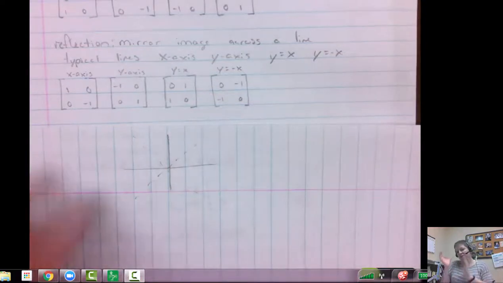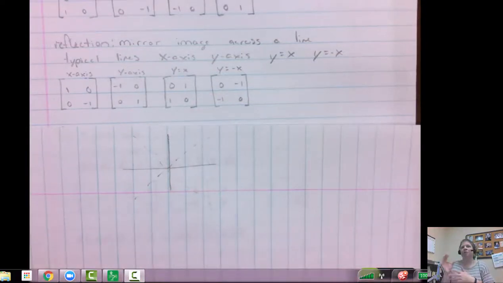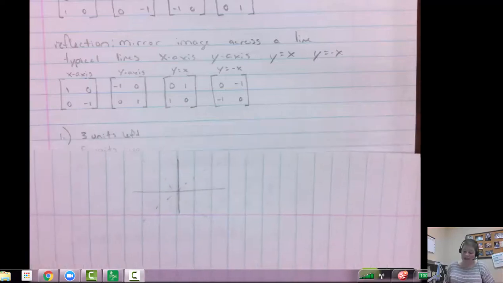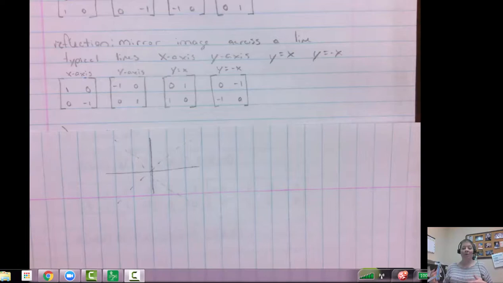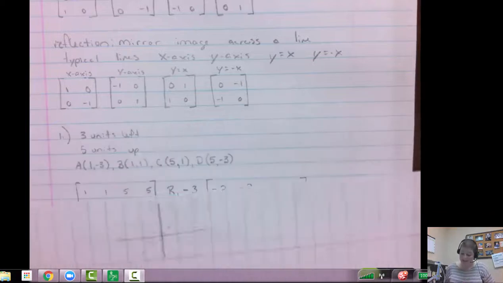So you're going to reflect across those two basic lines. And it's the same idea. I can multiply my points by a matrix and I magically get my new points. Kind of a neat way to do it.